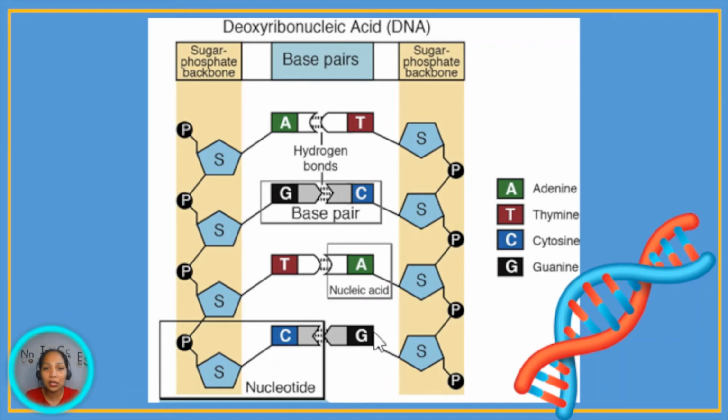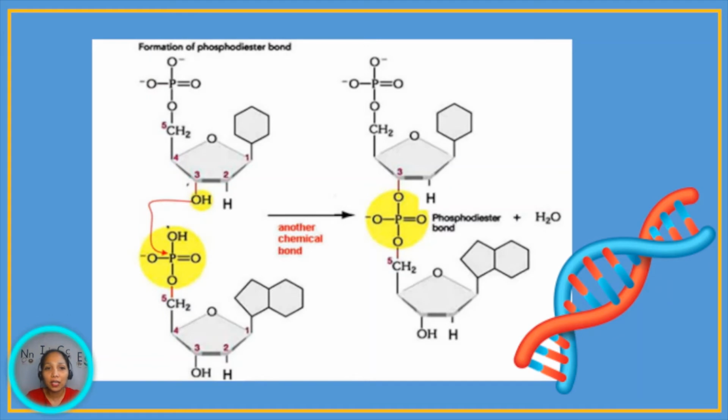So the two strands are complementary to and opposite to each other. Because of complementary base pairing, one strand of the DNA contains the information for the other, providing a mechanism for the molecule to replicate. Through dehydration synthesis, a phosphodiester bond is formed.